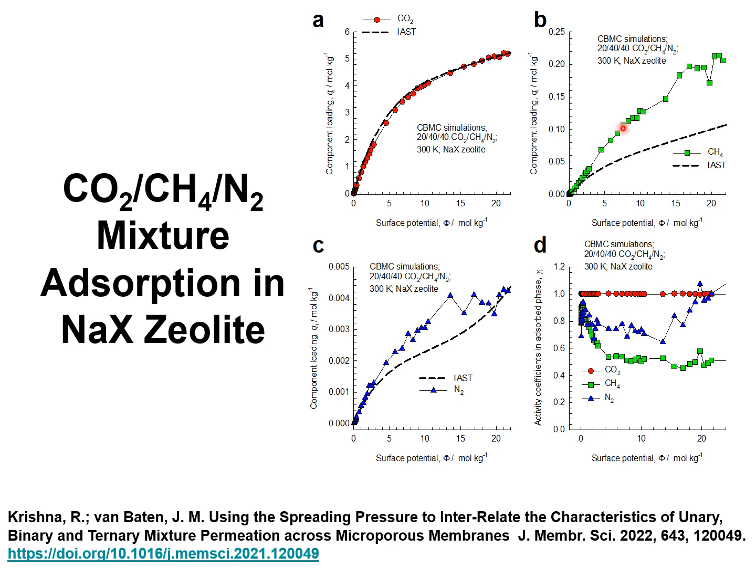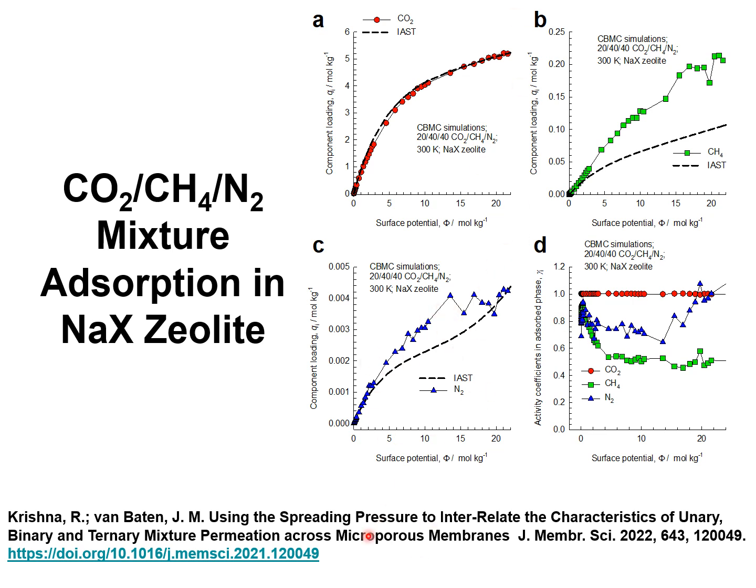However, for the partner molecules methane and nitrogen, the IAST estimates are in significant variation with the CBMC data. The activity coefficients in the adsorbed phase for each of the three guest molecules is plotted as a function of the surface potential, and we again note that as phi, the surface potential, approaches 0, the activity coefficients of all three guest adsorbates approach unity.